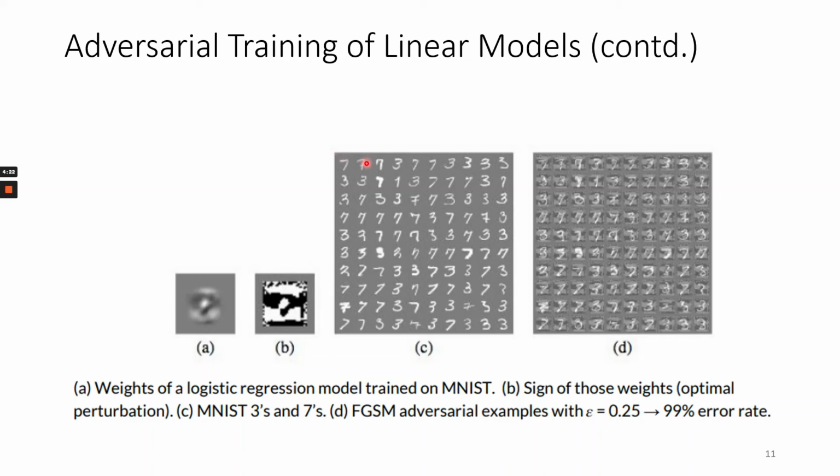The error rate for this task using this dataset was approximately 1.6%. But when we use the FGSM on this dataset, the error rate jumps to 99%, and the perturbed inputs are shown over here. Even though it is clearly understandable to the human eye that the images are of 3s and 7s, the model has no idea what these images are of, and it completely misclassifies them.